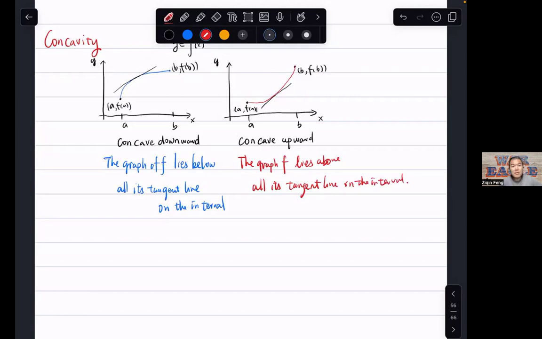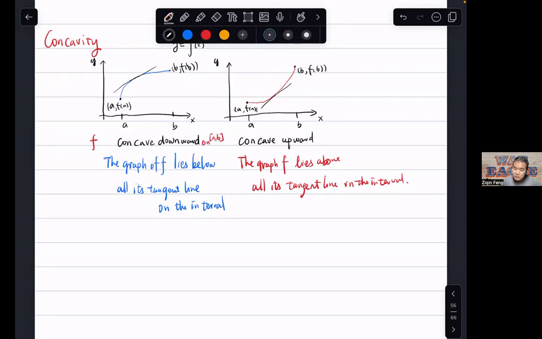And let's try to decide how we determine whether you have concave up intervals and concave down intervals. So the full name should be: f is concave downward on a, b on this corresponding interval, and f is concave upward on a, b. How do we decide it?